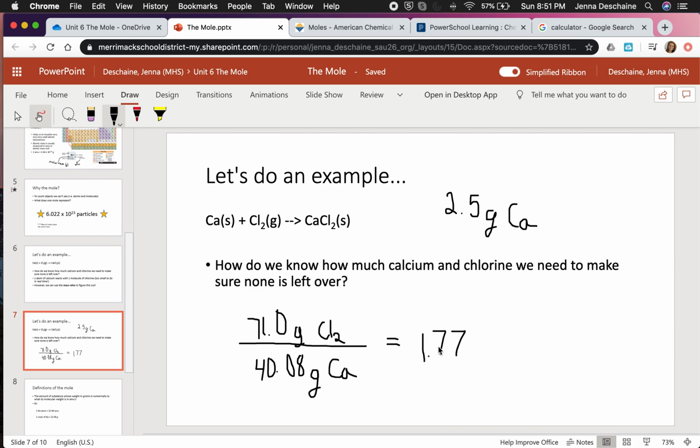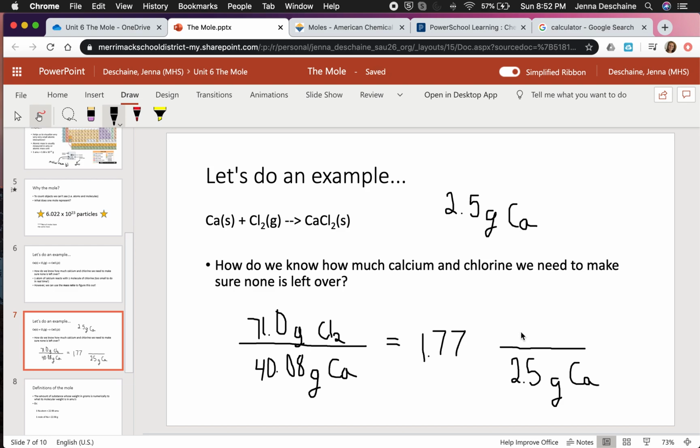So all you would have to do is take this mass ratio to figure that out, okay? So that means that if I gave you 2.5 grams calcium, again, I'm going to put that on the bottom because that's how we started with it, on the bottom, all right?